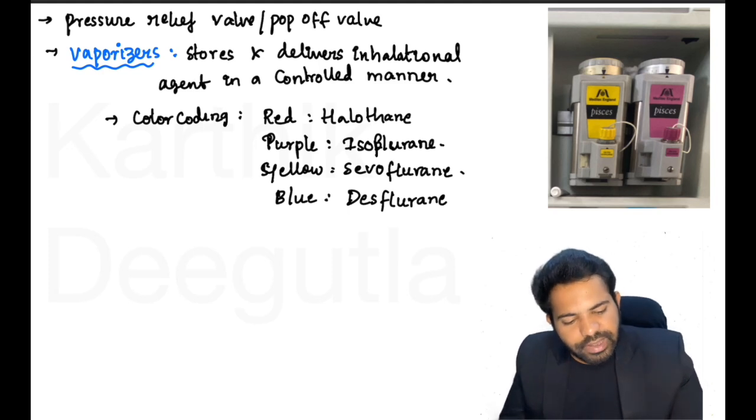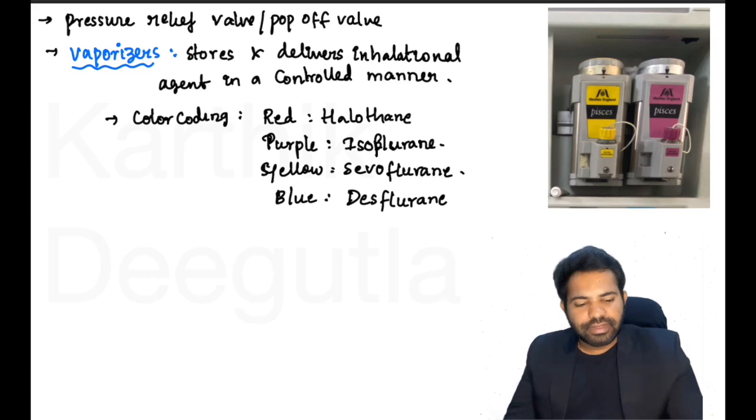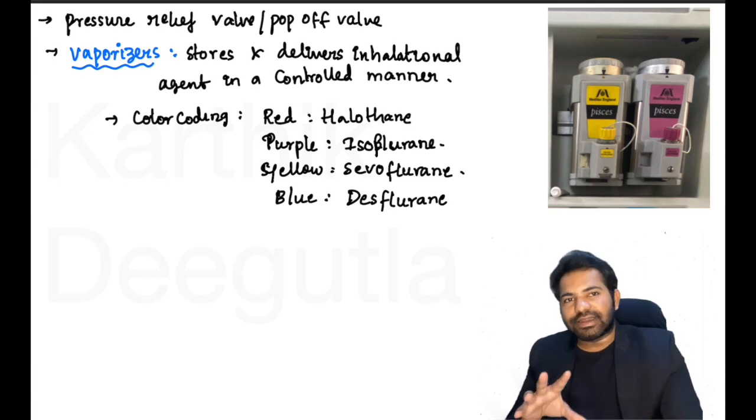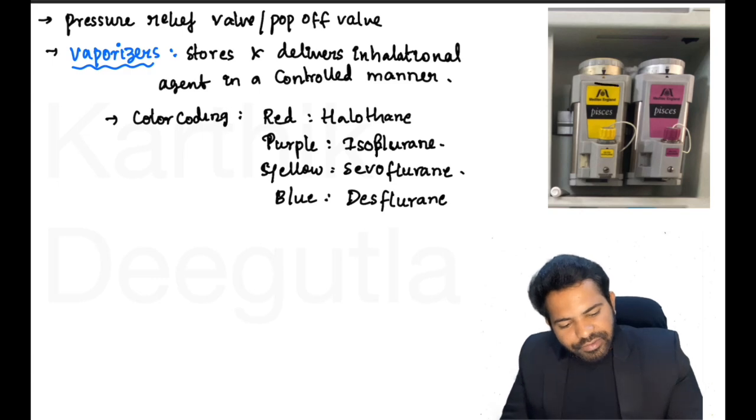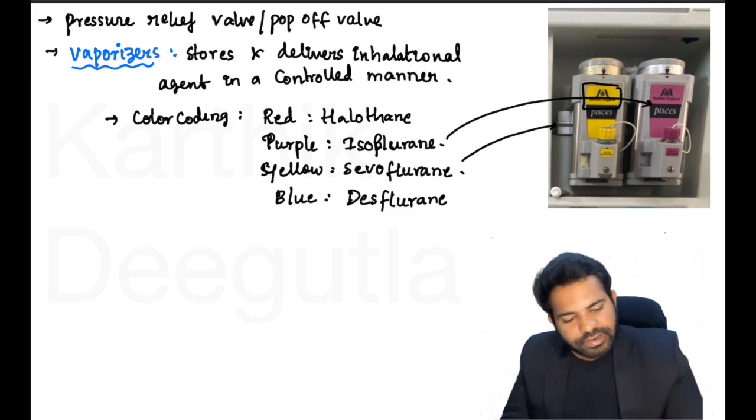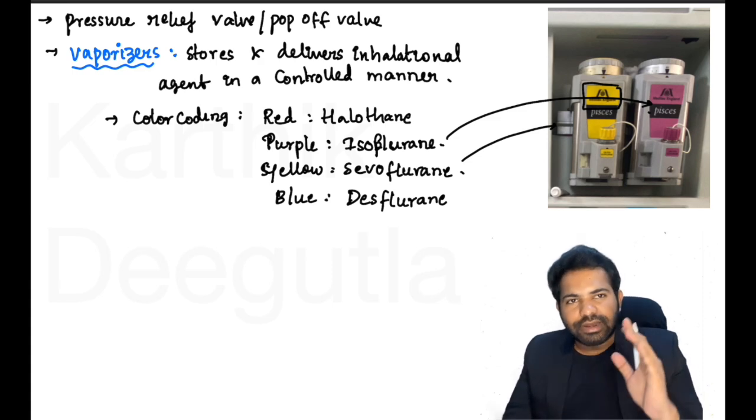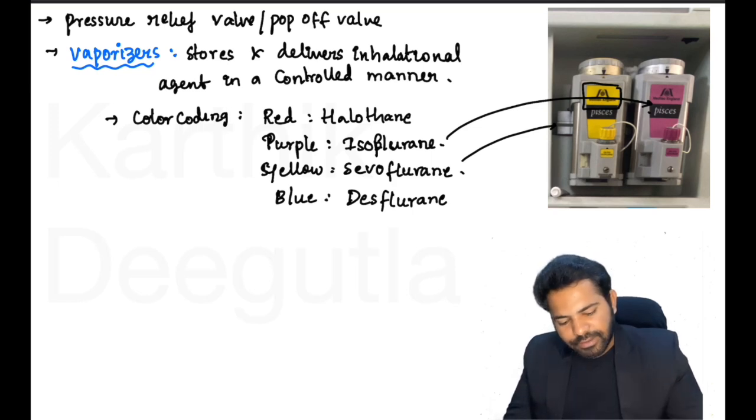So an image will be given of the vaporizer like this, and they'll ask which inhalational agent this vaporizer delivers. So in this picture you can say a yellow vaporizer will deliver sevoflurane. Then you have a purple vaporizer which will deliver isoflurane. If you have a blue one, it delivers desflurane, and if you have a red one, it delivers halothane.